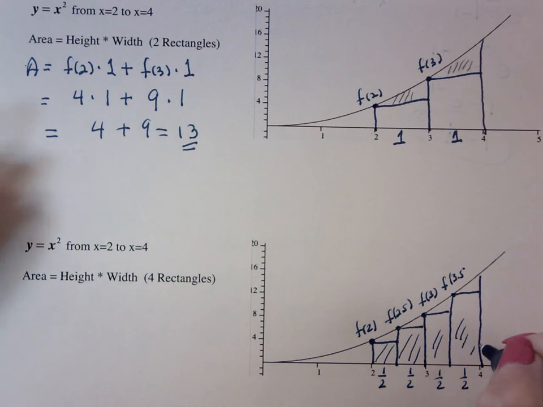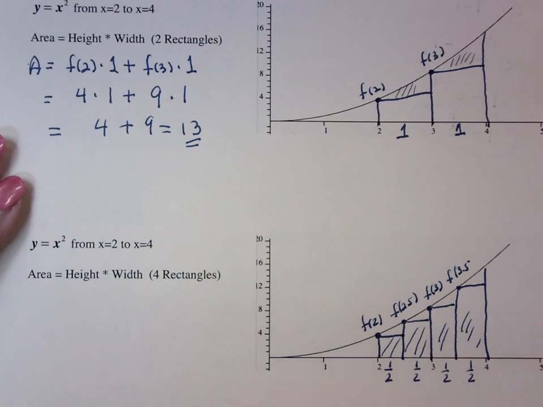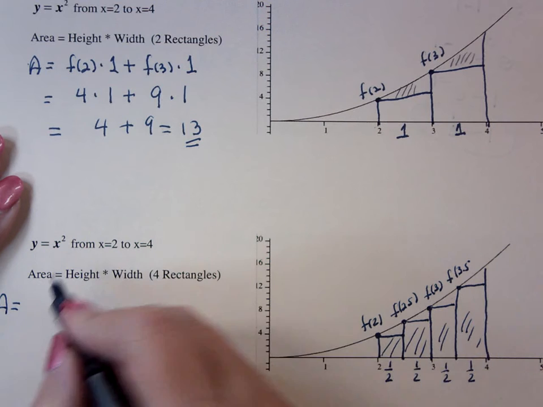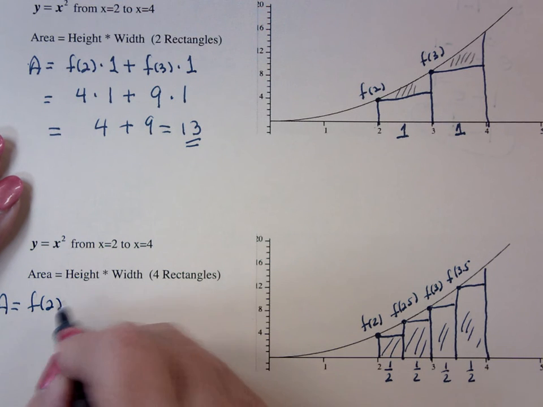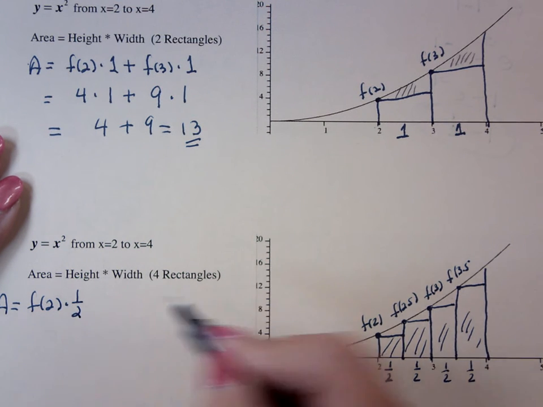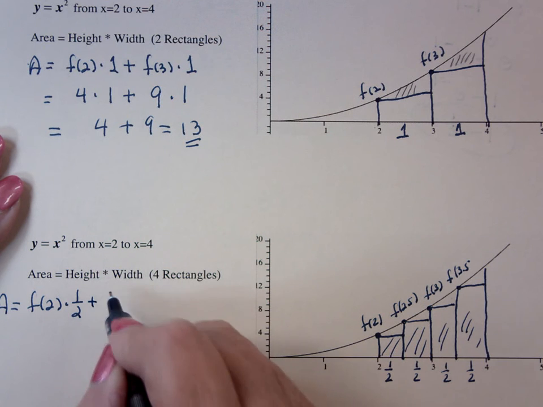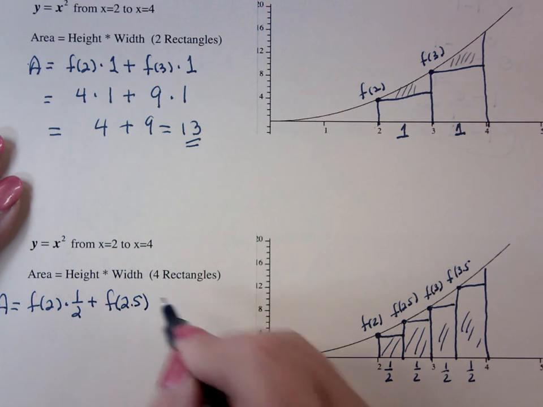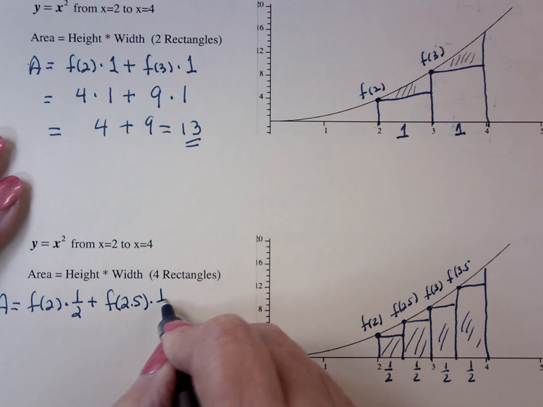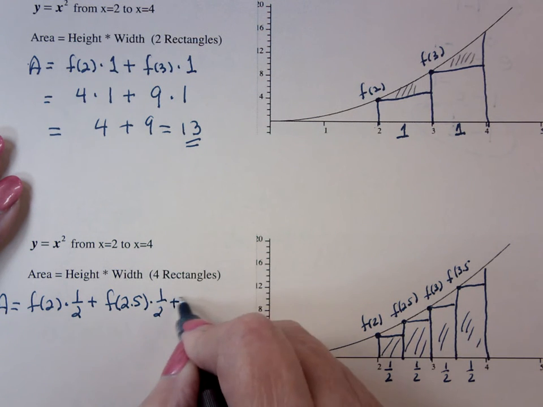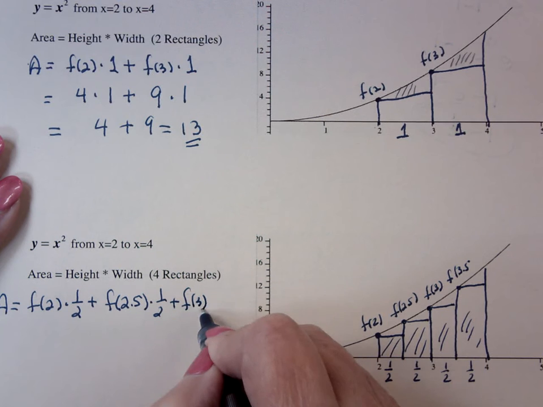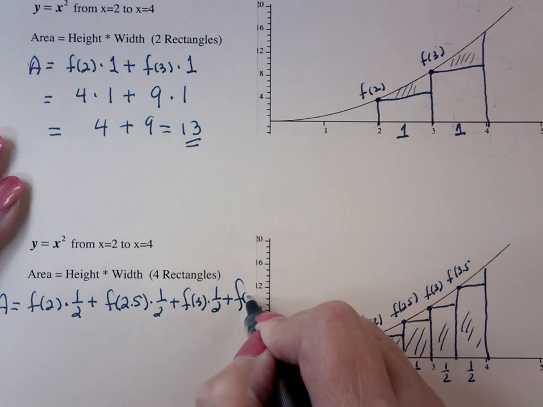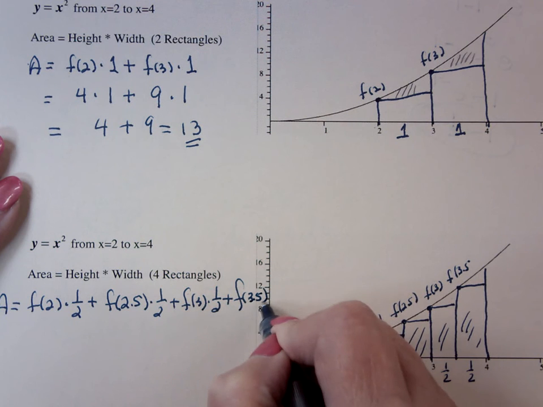So what would it be? Well, the area would be the area of the first rectangle, plus the area of the second, plus the area of the third, plus the area of the fourth.